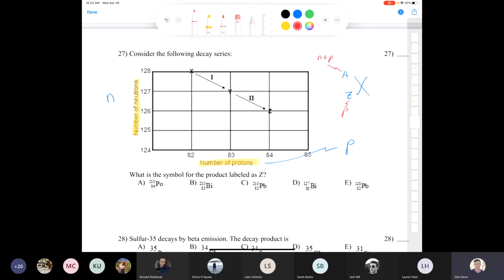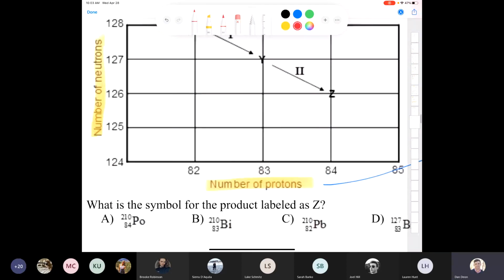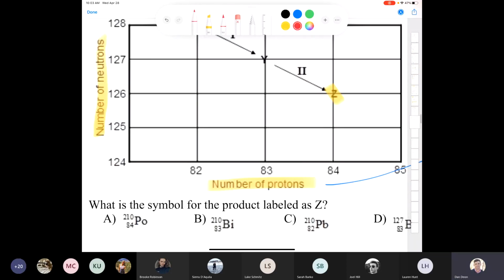It's asking what is the product Z? If we look at Z, which is right here, you see that we have 126 neutrons and 84 protons. I just drew a line over here to 126 neutrons and 84 protons.